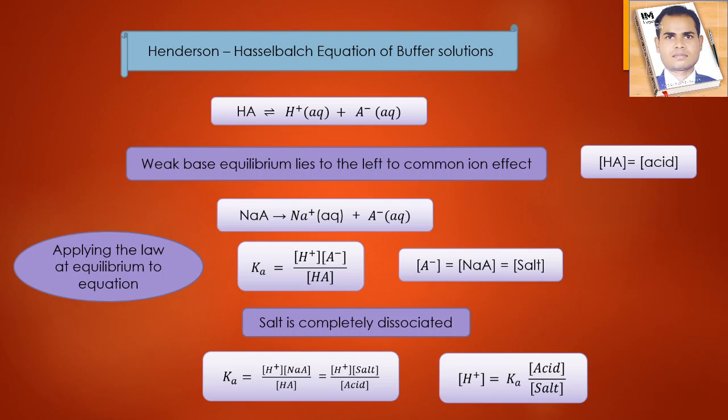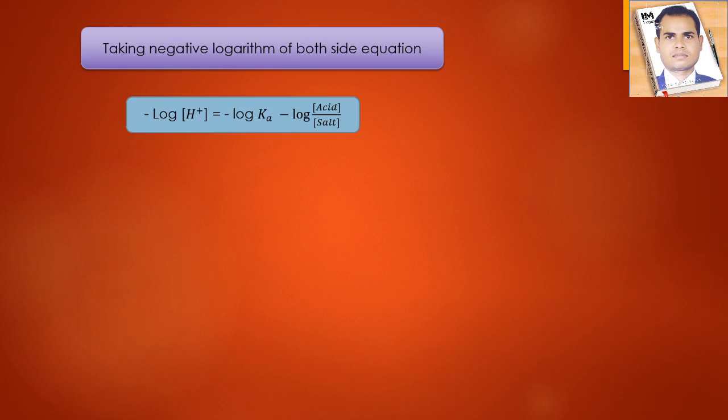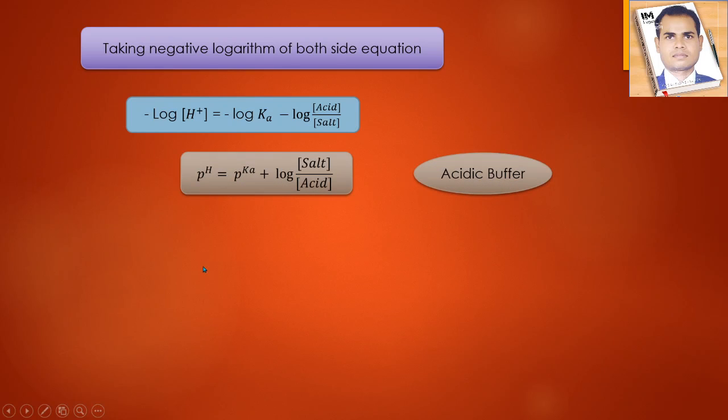Now taking the negative logarithm of both sides, you get minus log of H plus equals minus log Ka minus log of the concentration of acid divided by the concentration of salt. So you get this equation for the acidic buffer: pH equals pKa plus log of the concentration of salt divided by the concentration of acid.